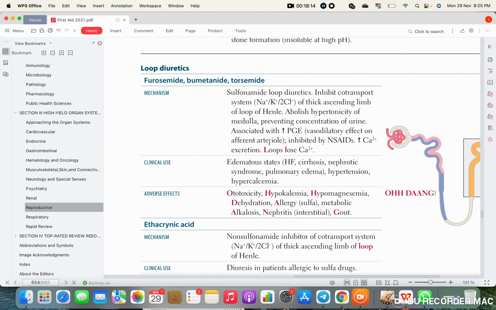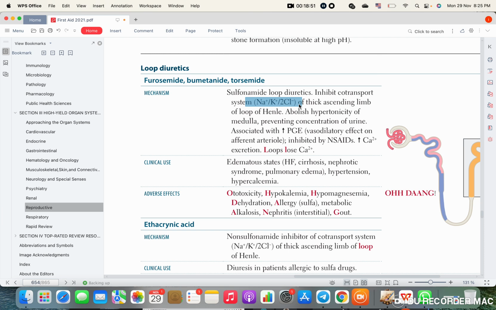As you can see, sulfonamide loop diuretics inhibit the sodium potassium 2 chloride co-transporter system of the thick ascending limb of Henle. It abolishes the hypertonicity of the medulla, preventing concentration of the urine. So if we use loop diuretics, will you have more or less reabsorption of these substances? Obviously less.